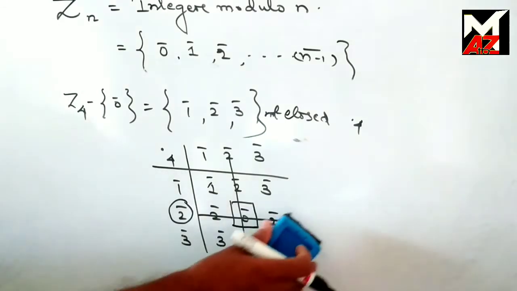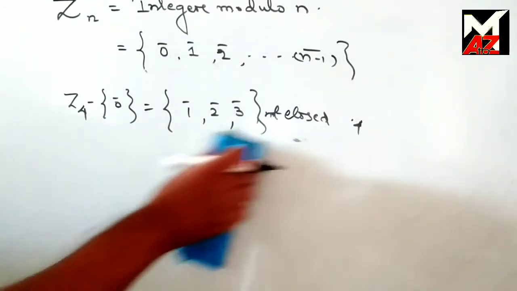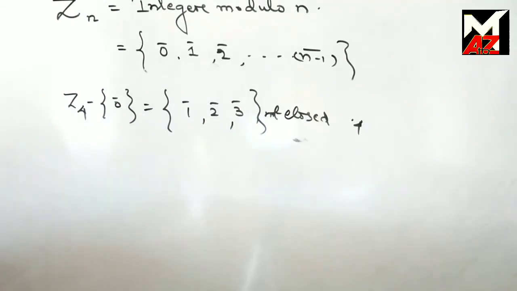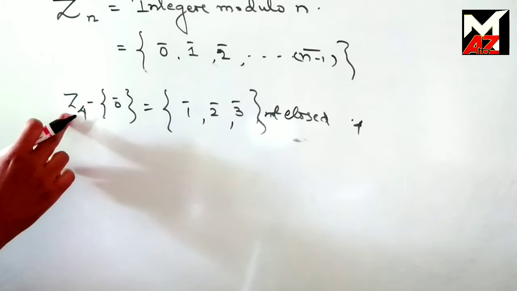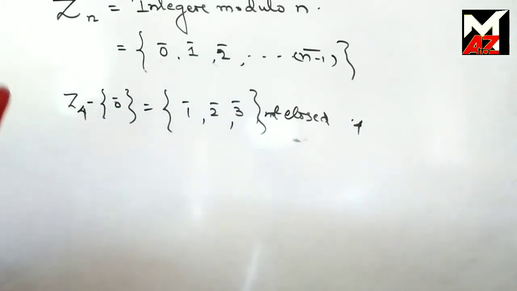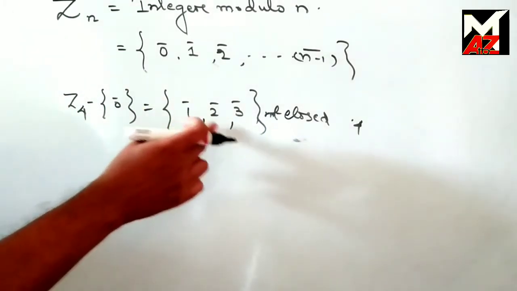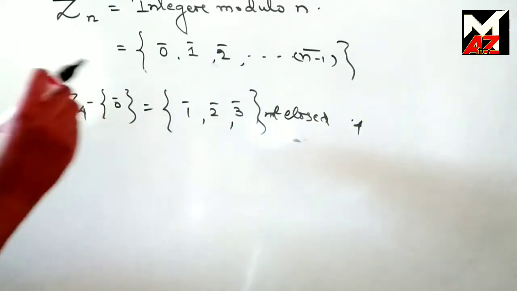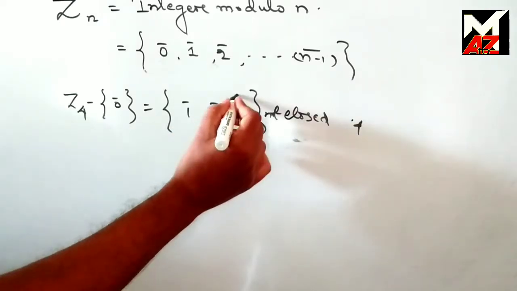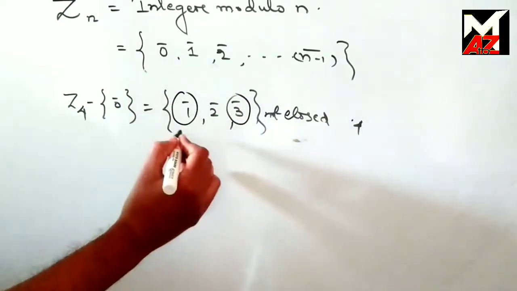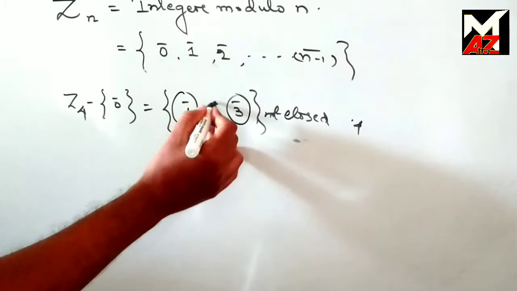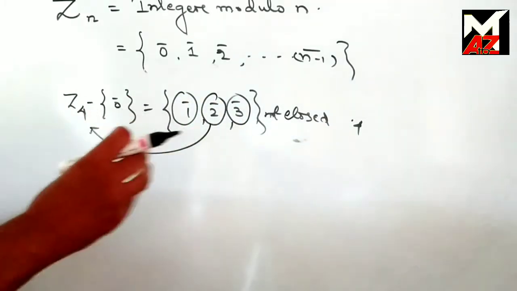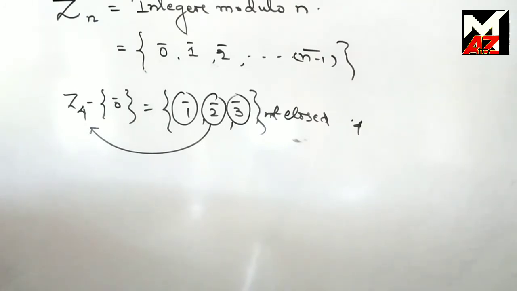So it is important to note that any element in this set which is less than 4 and prime to 4, all of 1̄, 2̄, 3̄ are less than 4, but which is specially prime to 4, that is 3̄ and 1̄, have the inverse. But 2̄ is not prime to 4, so its inverse does not exist.